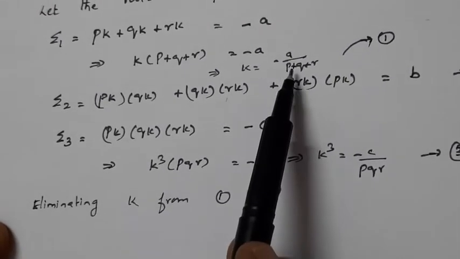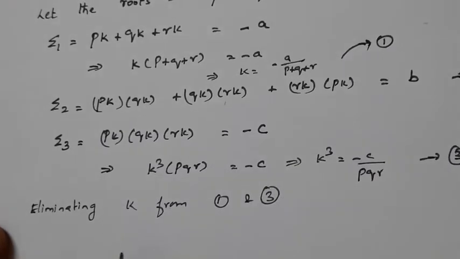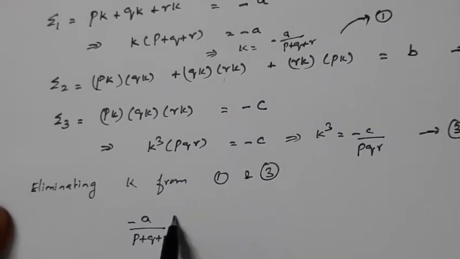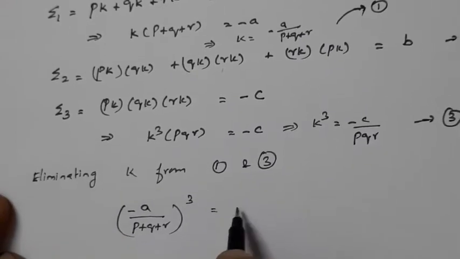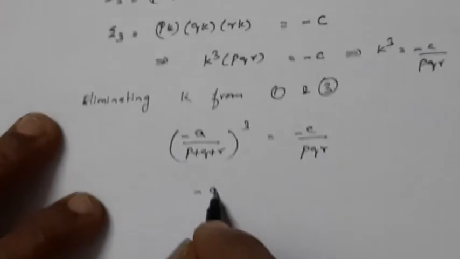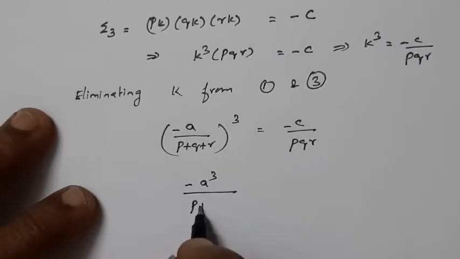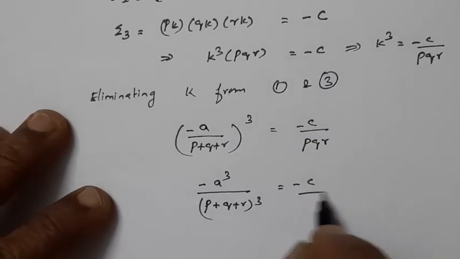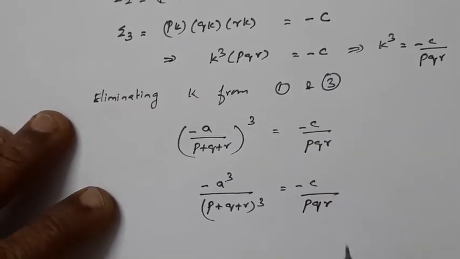On substituting this value, we have minus a divided by p plus q plus r, the whole cube, is equal to minus c divided by pqr, or minus a cube divided by p plus q plus r the whole cube is equal to minus c divided by pqr.